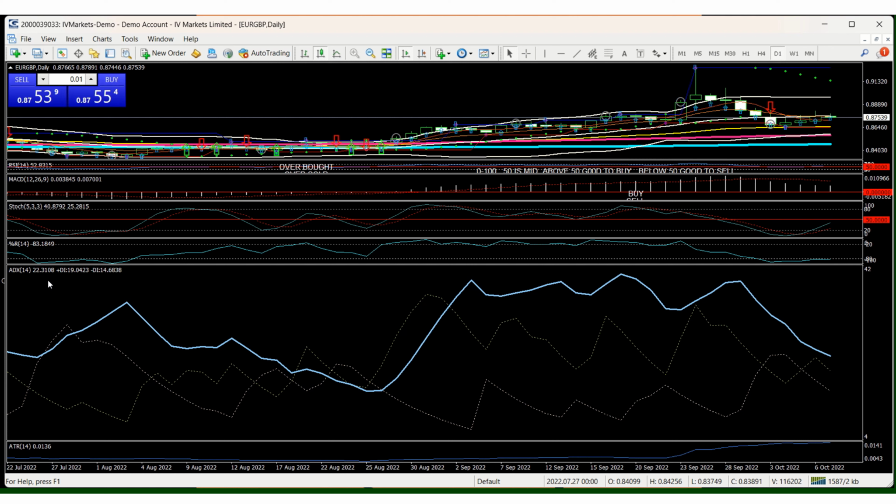It's basically not about overbought or oversold, it is about how strong the trend is. So if it is 22.3108, this means the trend currently going in the market is not so strong, it is very much weak, because it is not between 50 to 80. As it is between 20 to 50, we can say it is a weak trend which is being followed.